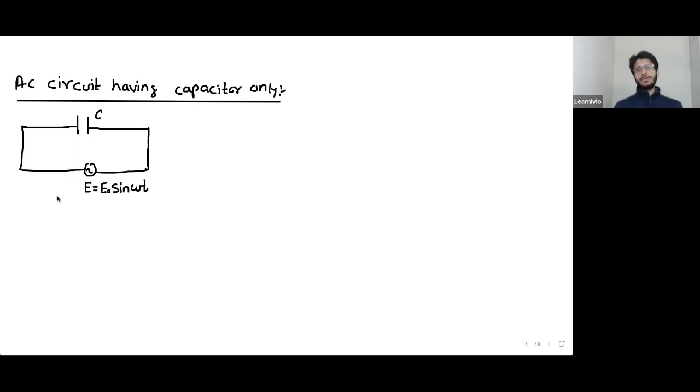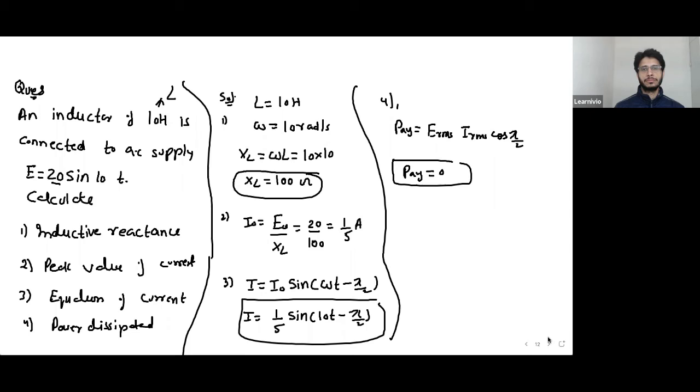So you need equation of current for the capacitor. Even for a capacitor, you cannot use Ohm's law because a capacitor doesn't have any resistance. You cannot write your current as E by R. Just like inductor, you have to think of some indirect method to calculate current.